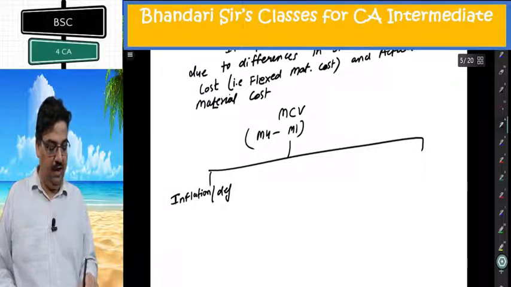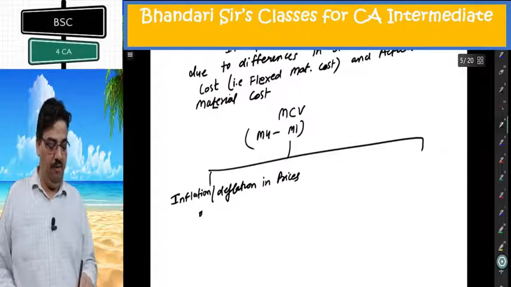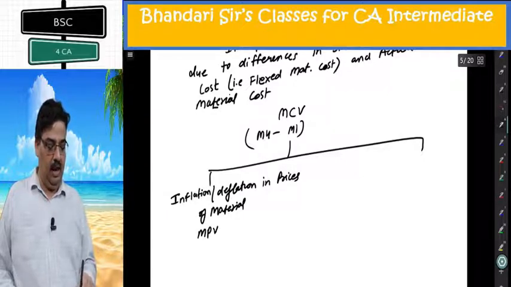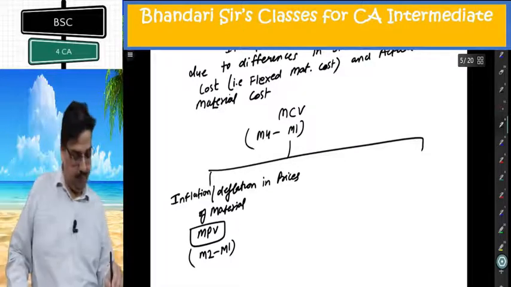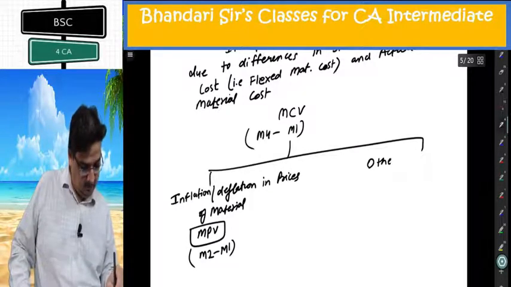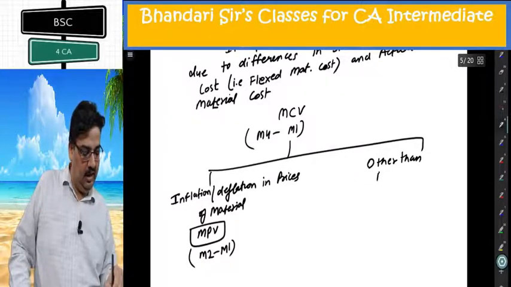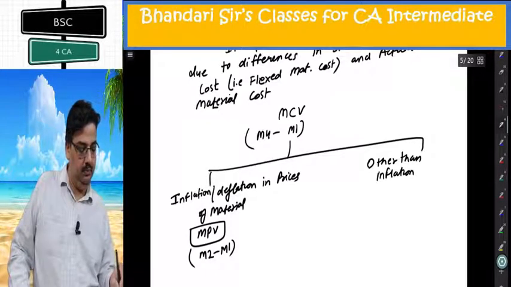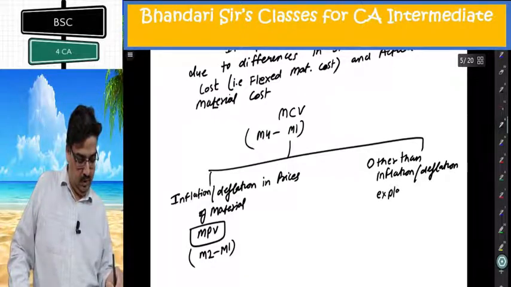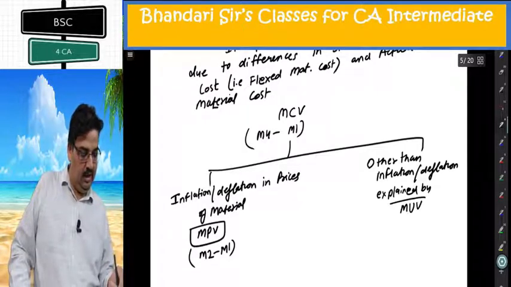Inflation or deflation in prices of material, their impact is told by MPV, M2 minus M1. Other than inflation, deflation, explained by material usage variance, M4 minus M2.